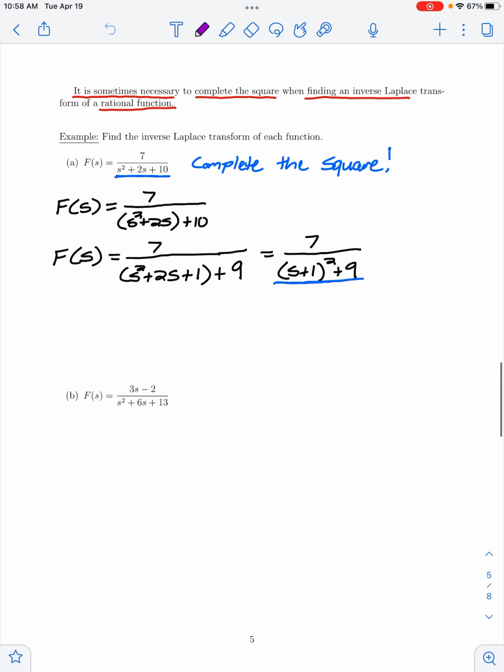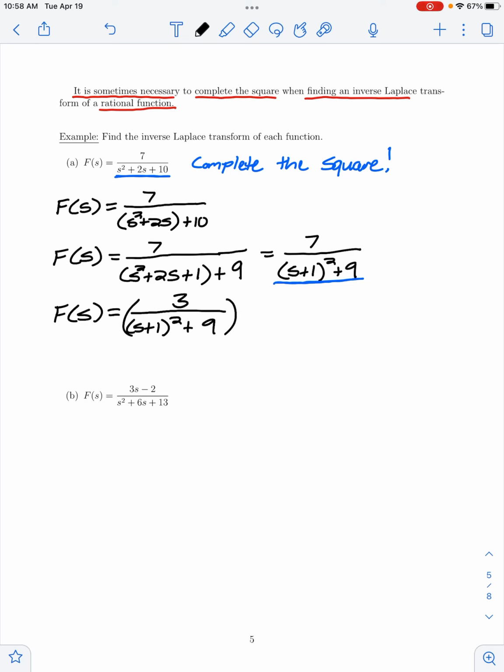So going back to our function and rewriting it in the exact form to use these properties, well, my denominator is s plus 1 squared plus 3 squared, and I want my numerator to be b, the number that was being squared, in this case 3.